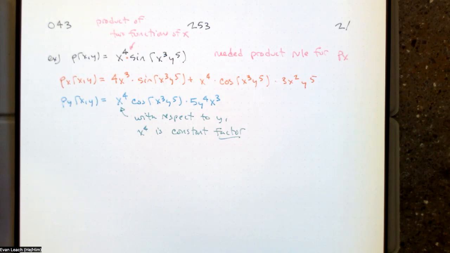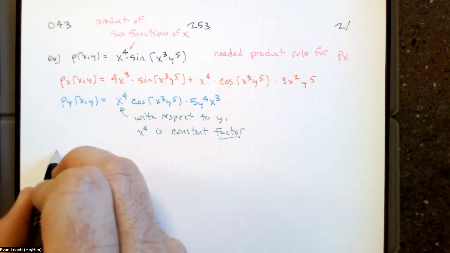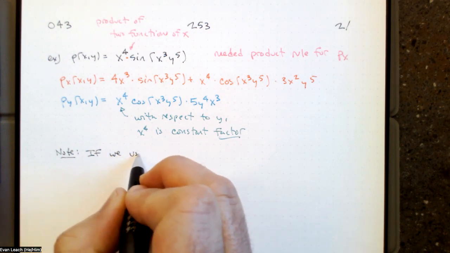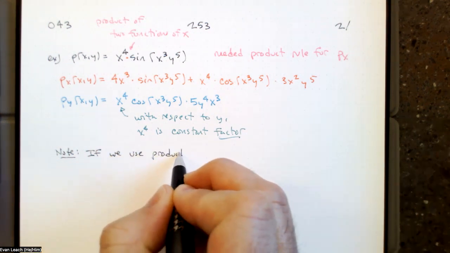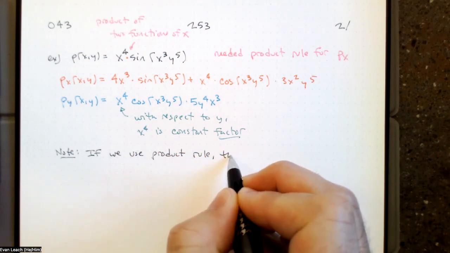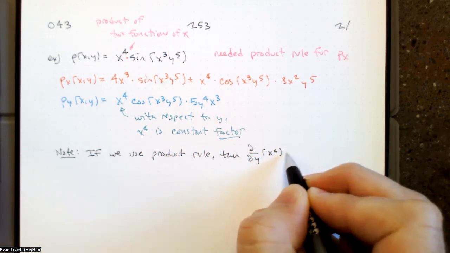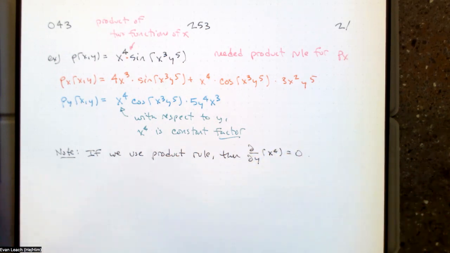So if we did use the product rule, we would be fine as long as we recognize that x to the fourth is constant with respect to y.